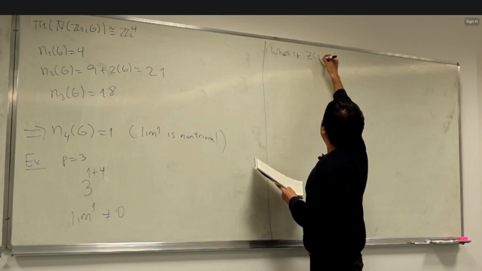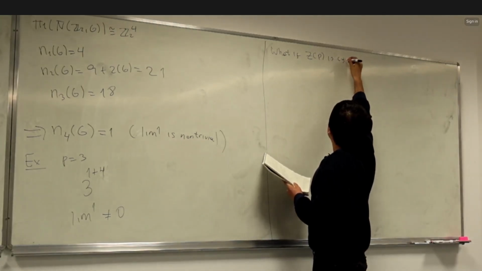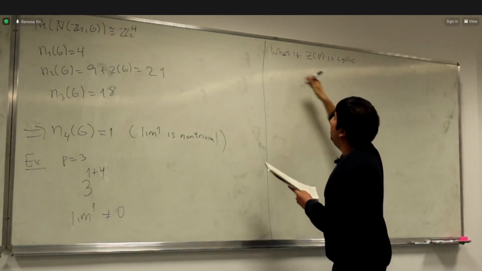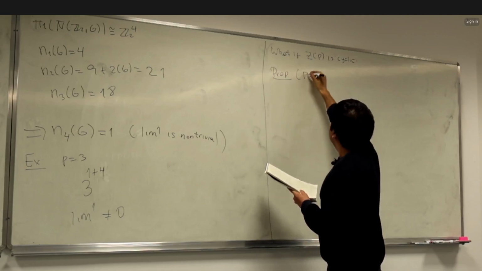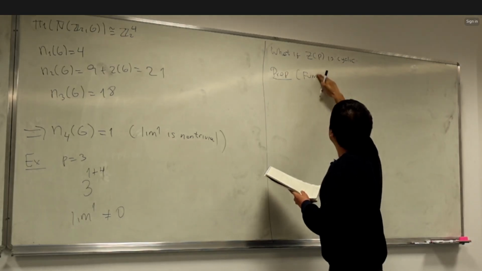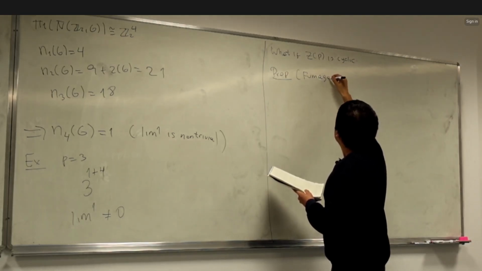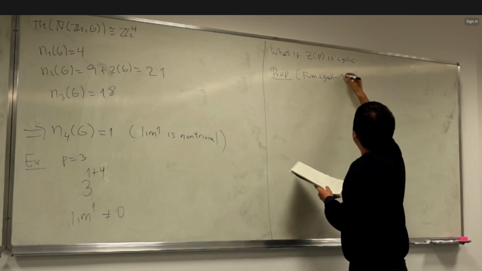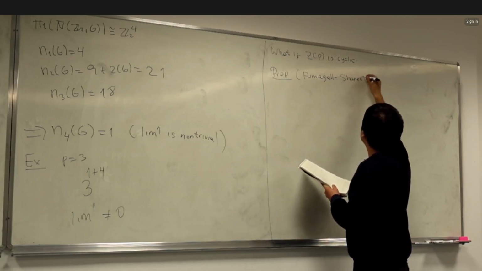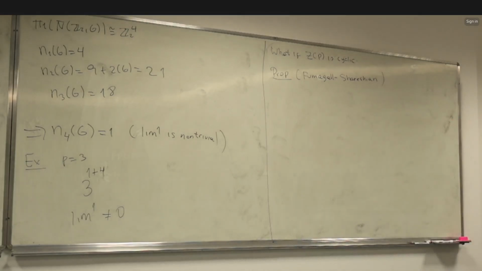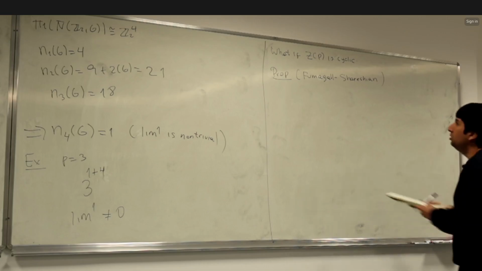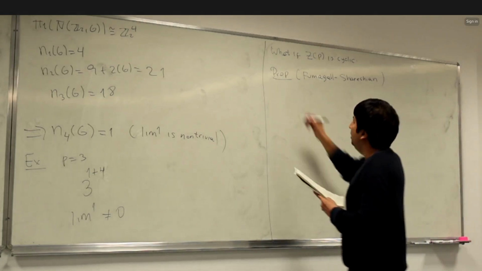And what if the center is cyclic? Okay. So there is a strong result by Fumagalli and Sharesha. I will just mention a consequence of their theorem that says the following.